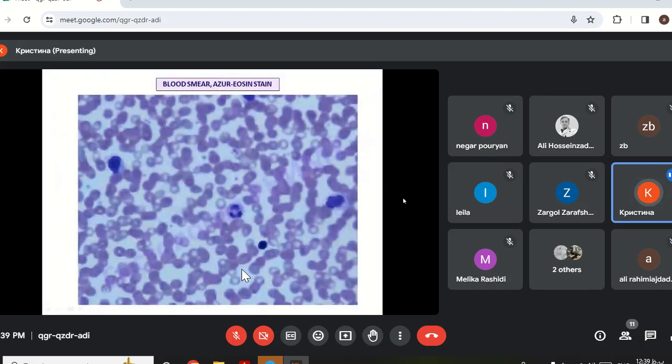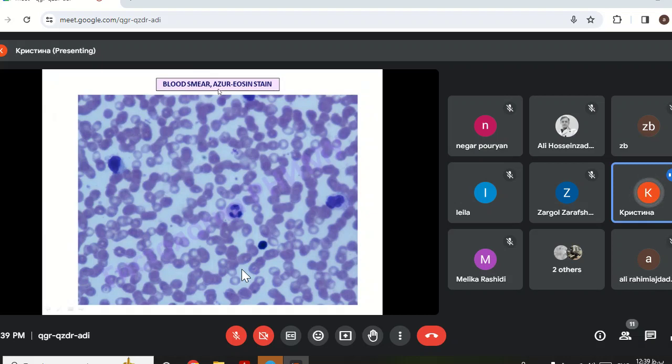Once again about T lymphocytes, and finally some pictures showing our histological preparations in which you should be able to define any formed elements of blood. So the preparation is called blood smear. It is stained with azure eosin stain, not hematoxylin, but azure instead of hematoxylin.